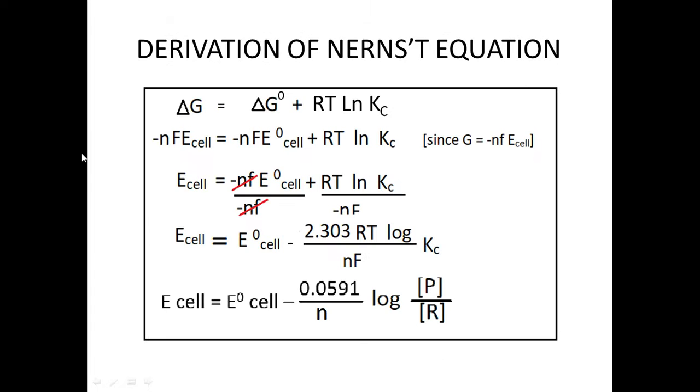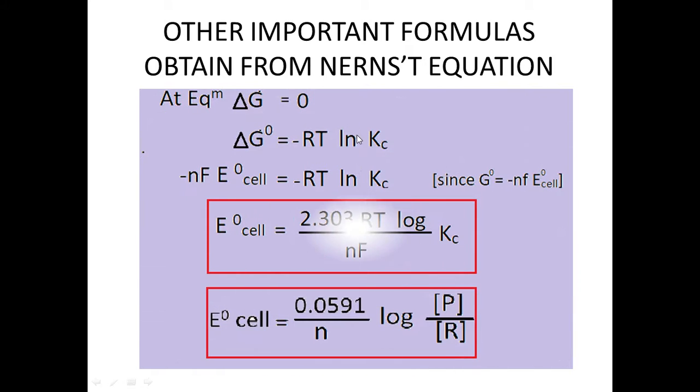Okay, you can see here if we make this del G 0, then this RT ln Kc goes to the other side and the positive becomes negative. So del G naught is equal to minus RT ln Kc, that I already wrote here. Okay, by replacing this del G naught with its value in the form minus nF E naught cell is equal to minus RT ln Kc.